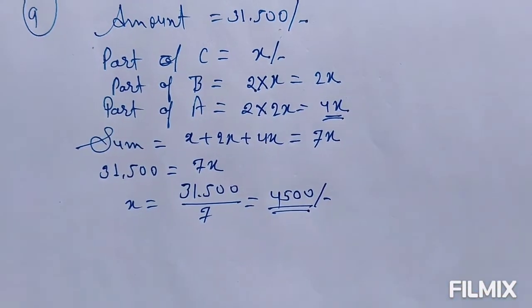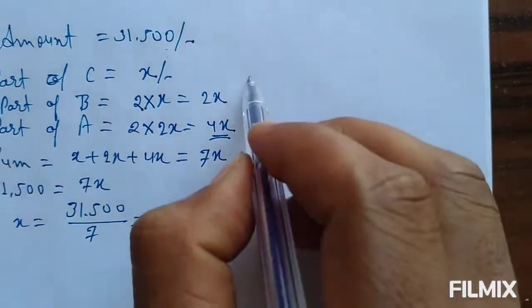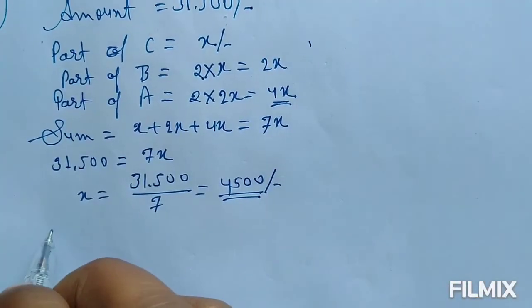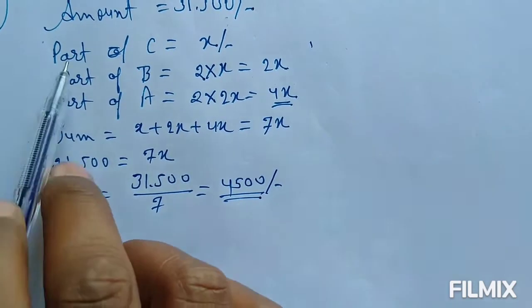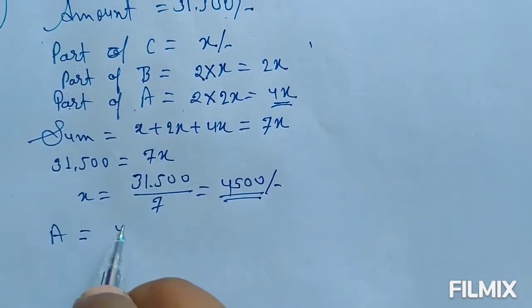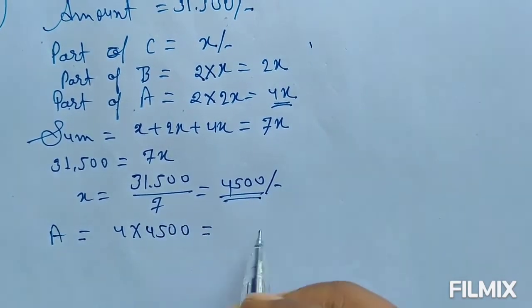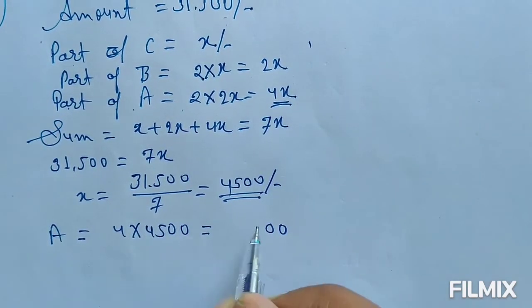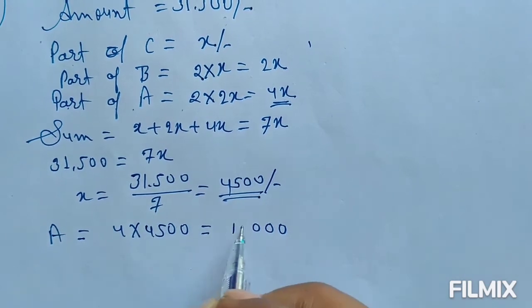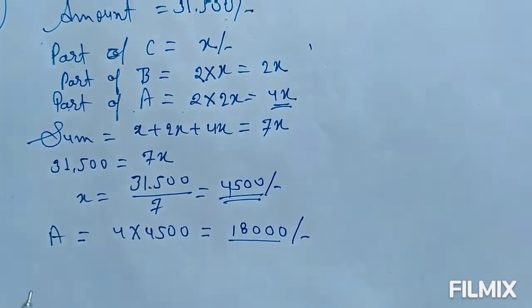Now we have to find out the part of each. So part of A equal to 4x means 4 into 4500, equal to 18,000 rupees.